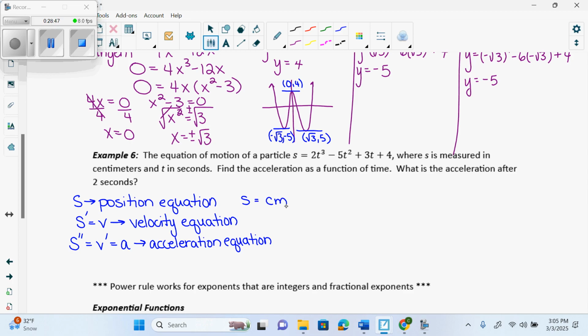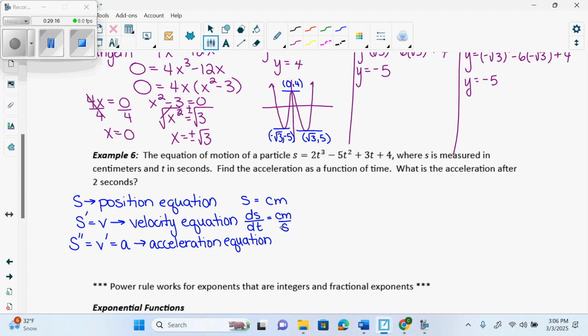S prime is actually the derivative, ds over dt, which is centimeters per second, which is what? The velocity answer, right? When you do velocity, it's meters per second, kilometers per hour, centimeters per second.